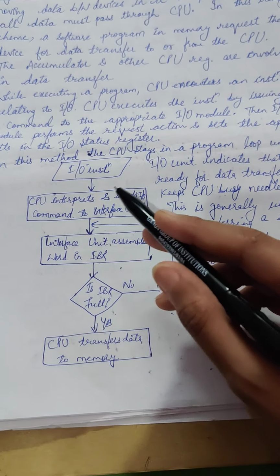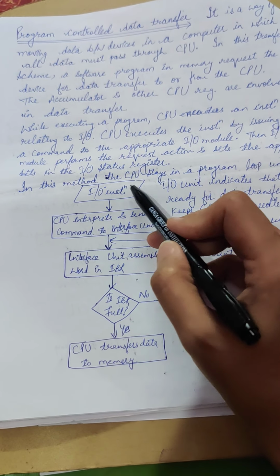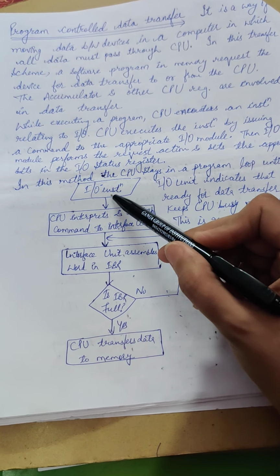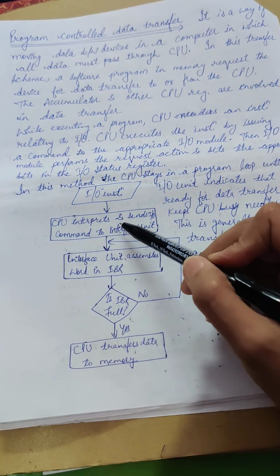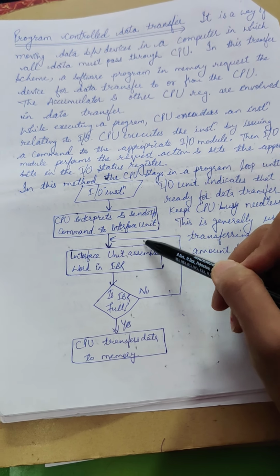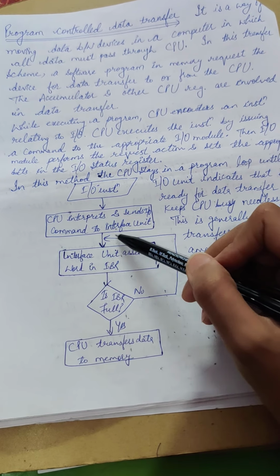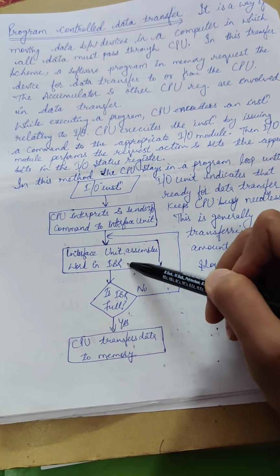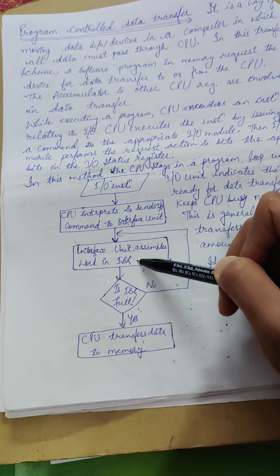This is the flowchart related to program controlled data transfer. I/O instructions are used, and in this the CPU interprets and sends the I/O command to the interface unit. Then the interface unit tells whether it is ready to transfer or not, and if ready, it assembles the word in the IBR. IBR is the instruction buffer register.